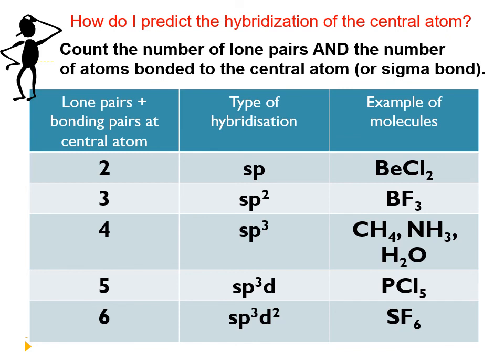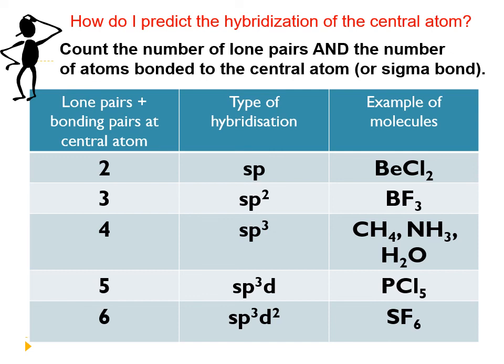How do we predict the hybridization of the central atom? Simple. We just count the number of lone pairs together with the number of bonding pairs at the central atom. For example, beryllium, the central atom, has 2 bonding pairs, so it is sp. BF3 has 3, so it is sp2.